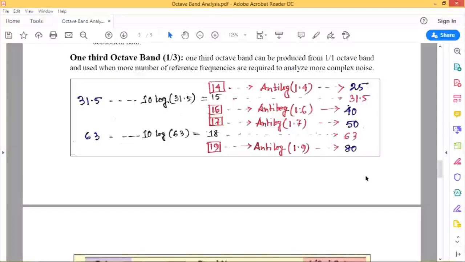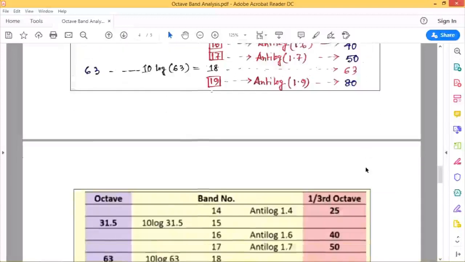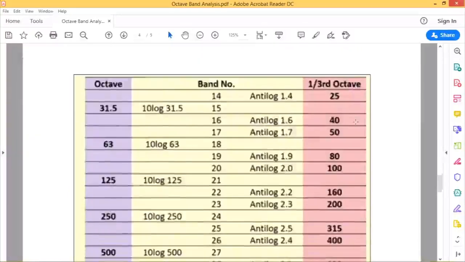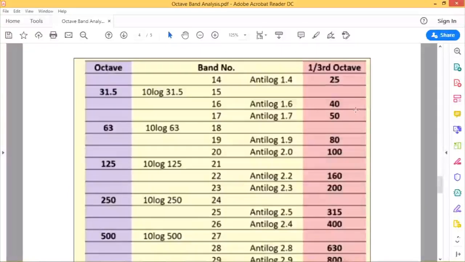So similarly, we have filled only for 31.5 and 63. If you fill all the remaining gaps between 15, 18, then 21, 24, you can see the picture in the next picture, from 31.5 to 63, 125, 250. The standard band numbers were 15, 18, 21, 24, 27. The ultimate band number is 42.